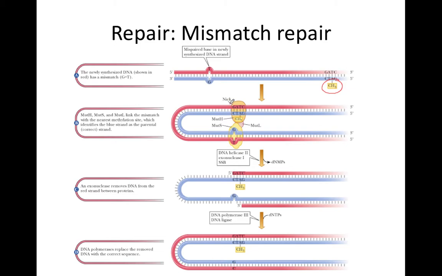So that will be this strand here. So we remove this part and this part. So it's an entire fragment that has been removed by exonuclease 1. So that's the enzyme being used. So once it's removed, DNA polymerase 3 comes in to patch up this part, and DNA ligase comes in to seal the nick.